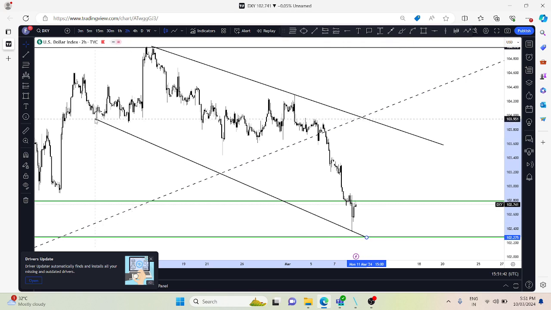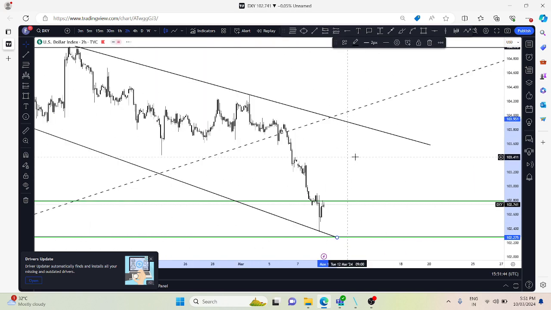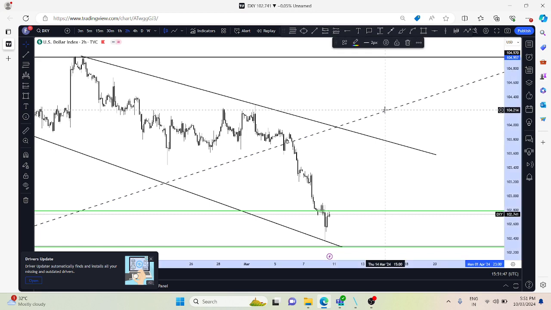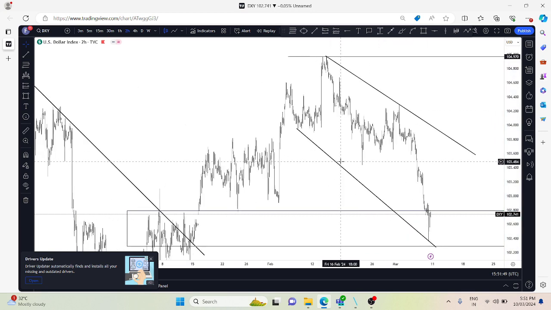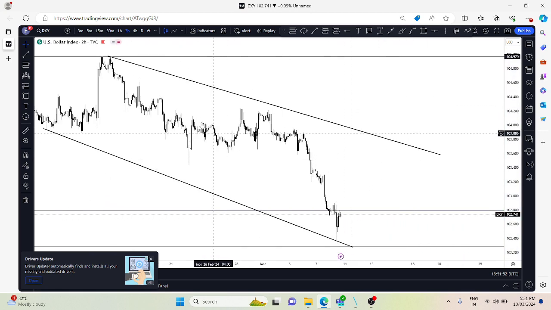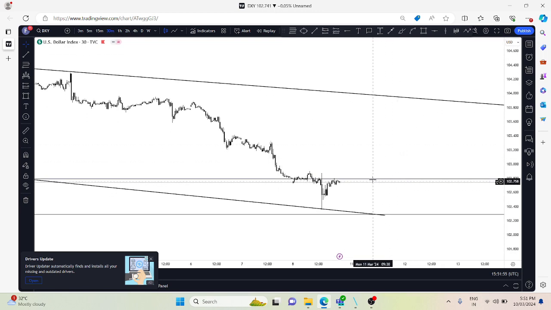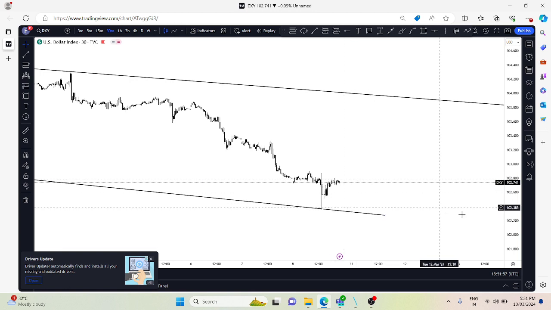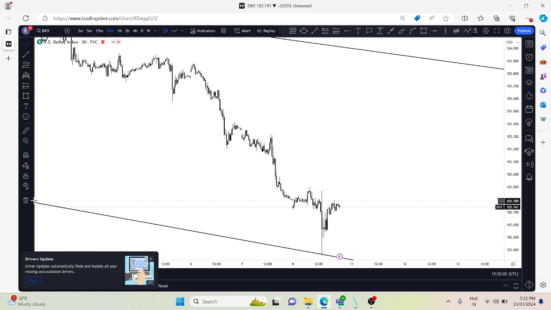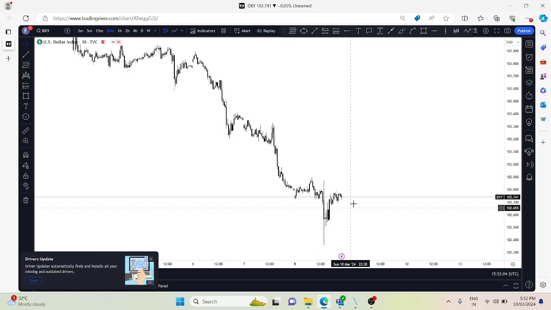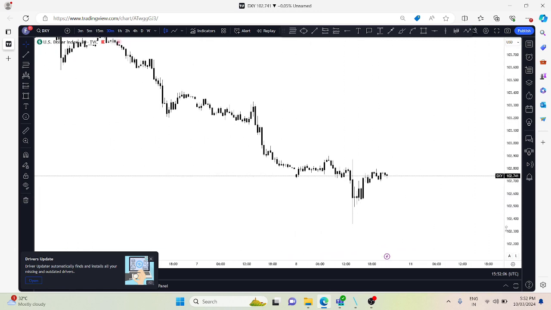But for now, let me just put it here so that my chart can be clean. I'm just going to remove my Fibonacci there. Then from the 2 hour, you can go to the 30 minutes. What's happening on the 30 minutes? I'm also going to remove that thing there. Let me just remove everything. I already know that I'm on my 50 and 61.8 level.